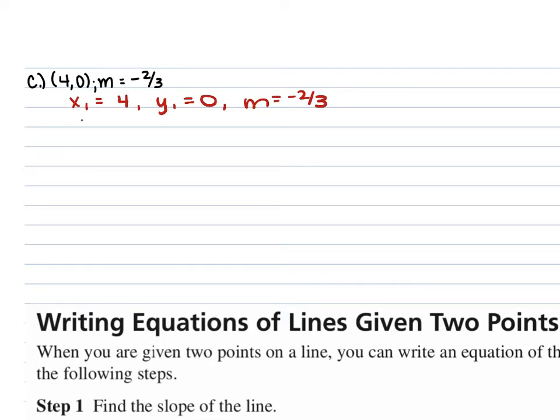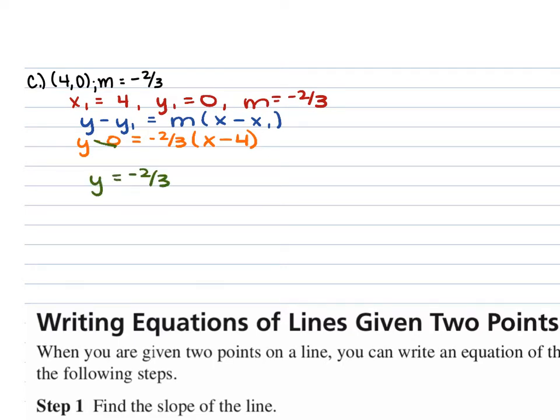So again, I'm just going to plug these values into y minus y1 is equal to m times x minus x1. So this is going to give me y minus 0 is equal to -2/3 times x minus 4. I simplify that minus 0. We don't need it. So it's just going to be y is equal to -2/3 times x minus 4.